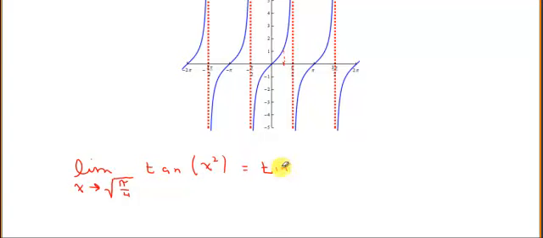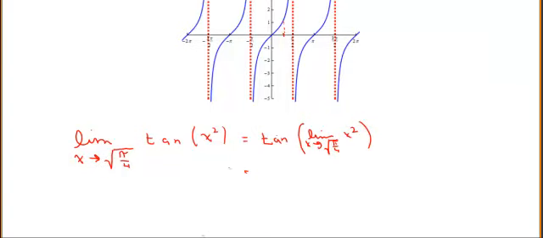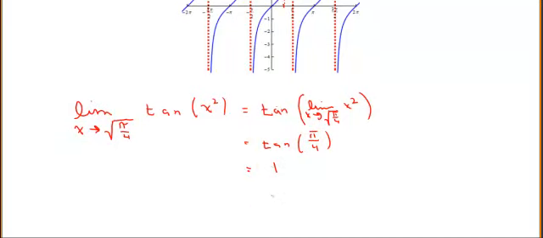Where functions are continuous, the limit can be moved in or out of them. So this would be equal to the tangent of the limit as x approaches the square root of pi over 4 of x squared, which is the tangent of pi over 4, and the tangent of pi over 4 is 1. So this limit would be 1.